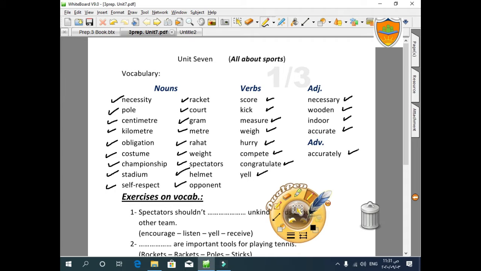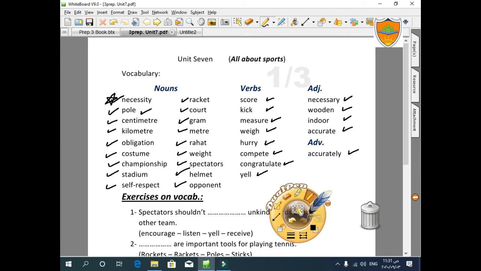Let's go to the meaning of these words. Necessity. What is the meaning of the word necessity? It means something you have to do. Without it, there is shortage or lack. Pole, from wood or metal to fix something on it.